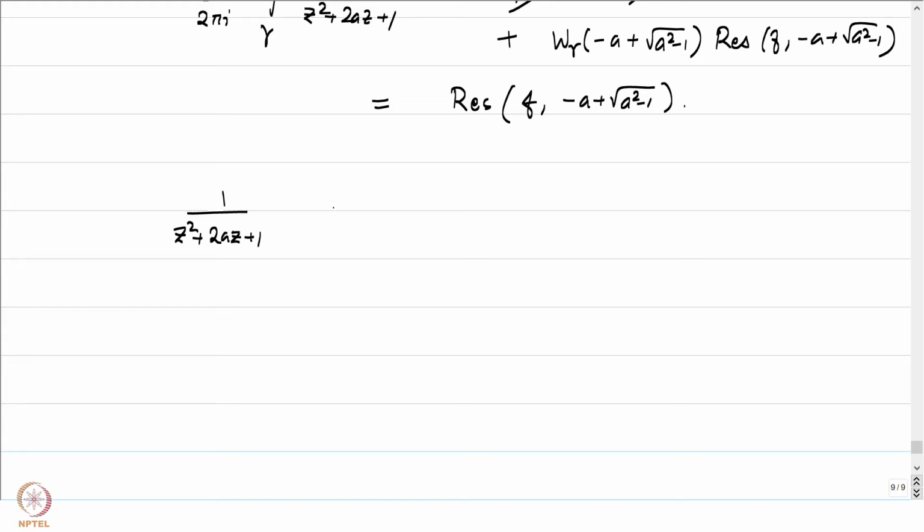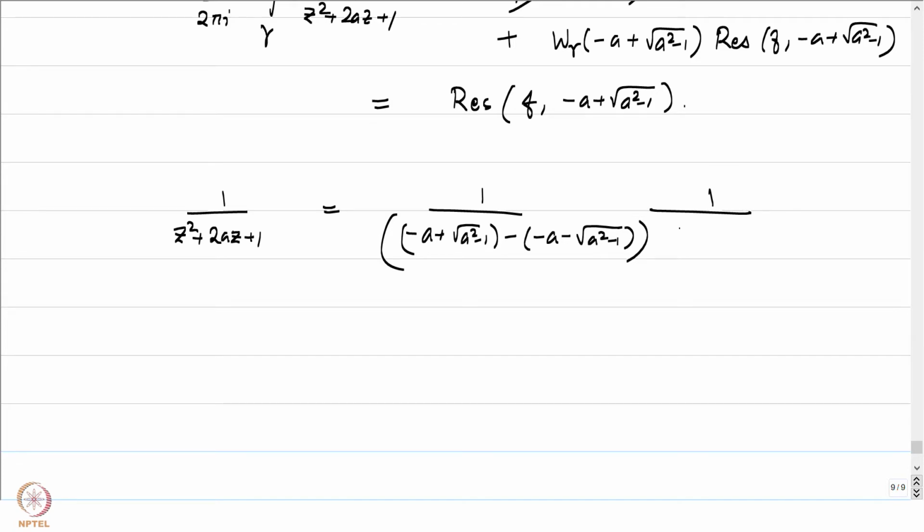By writing it as partial fractions, this is just going to be equal to 1 by (minus a plus square root of a squared minus 1 minus (minus a minus square root of a squared minus 1)) times [1 by z minus (minus a plus square root of a squared minus 1) minus 1 by z minus (minus a minus square root of a squared minus 1)].